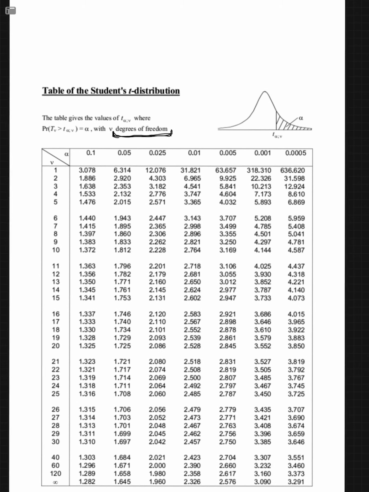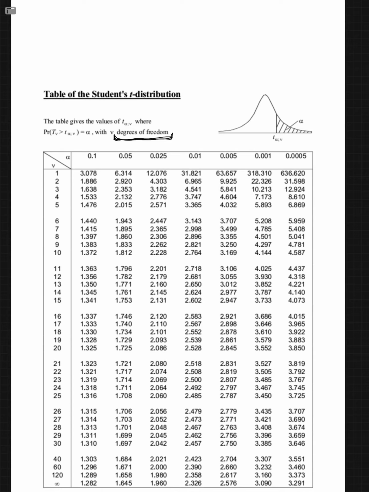And the other thing to notice is that this is a right-tailed table, right? So the value that it's looking at is over here on the right. So this is, as it says here, giving us probabilities of being greater than. But we can always do 1 minus if we want to do a less than probability.